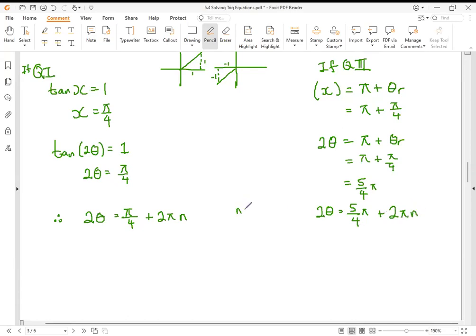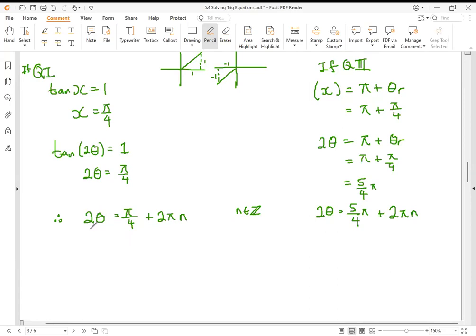Of course, n belongs to the integers. But when you solve something, we're more interested in just theta. So how do I get the theta all alone?